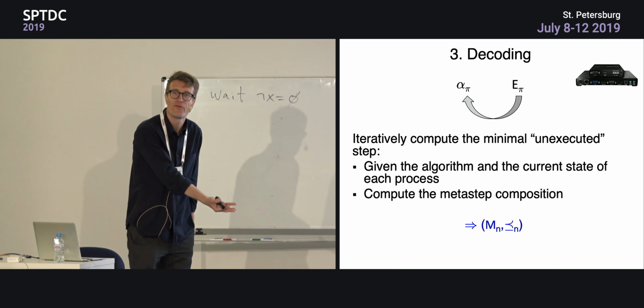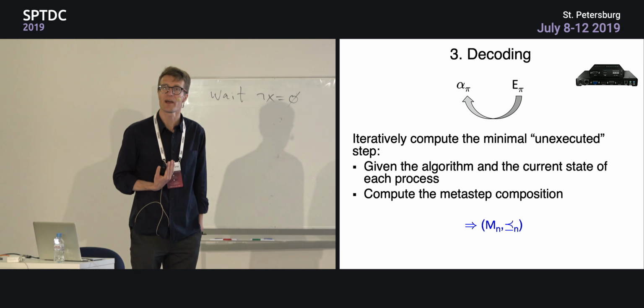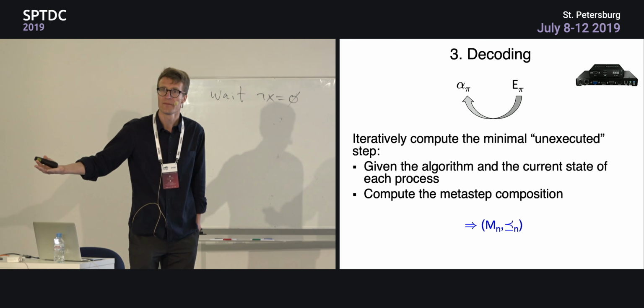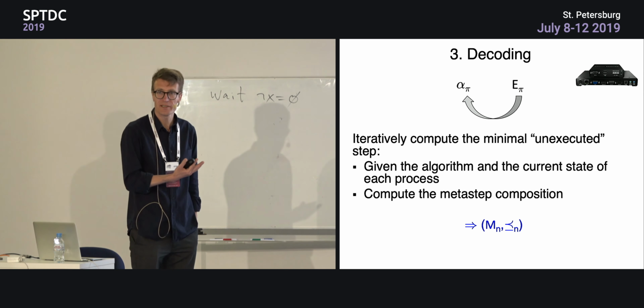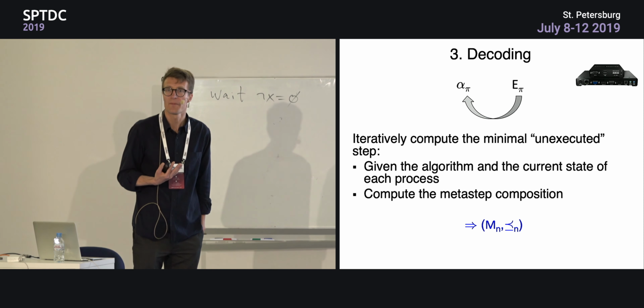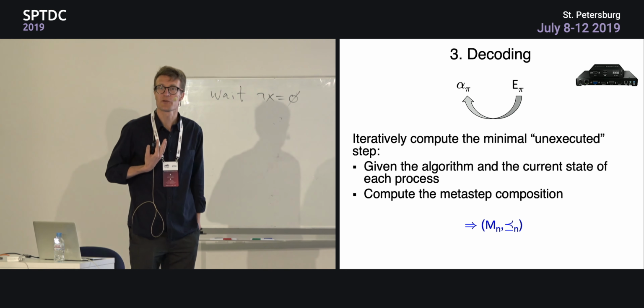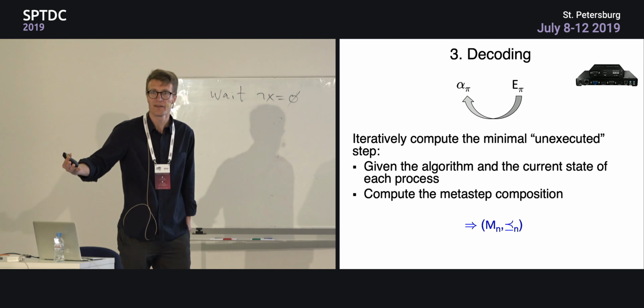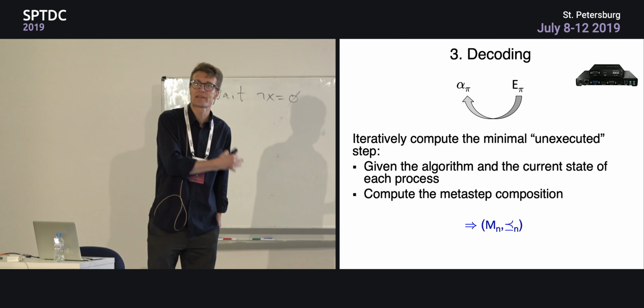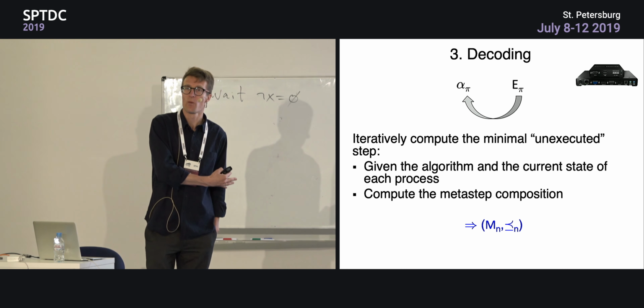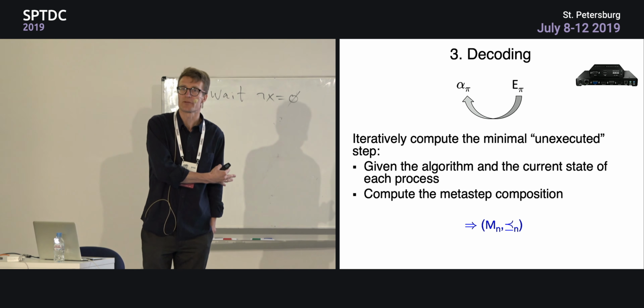You need to deduce the information about pi from this code. And the goal of the decoding step is to show that it is possible. So you don't confuse yourself: having this binary string, you can unambiguously identify which execution this string corresponds to.